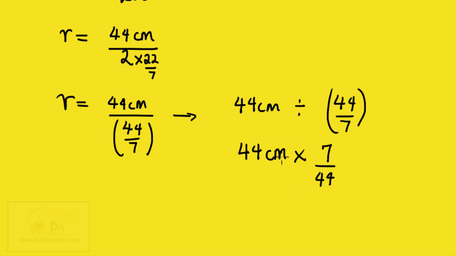That gives 7 over 44. 44 here 1, 44 here 1. So what you get is 7 centimeters. Alternatively, you can simplify this using a calculator. So the radius of a circle whose perimeter is 44 centimeters is 7 centimeters.